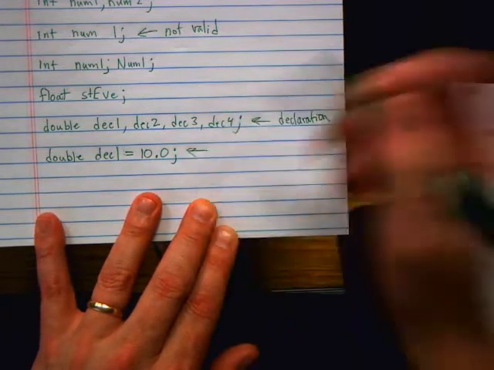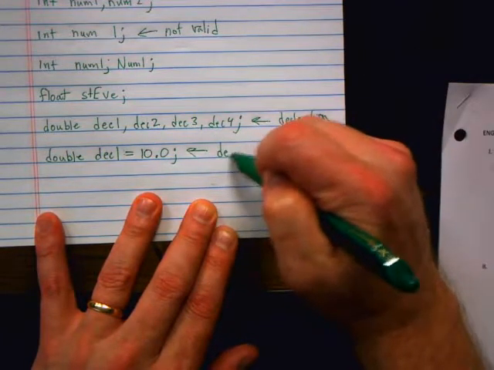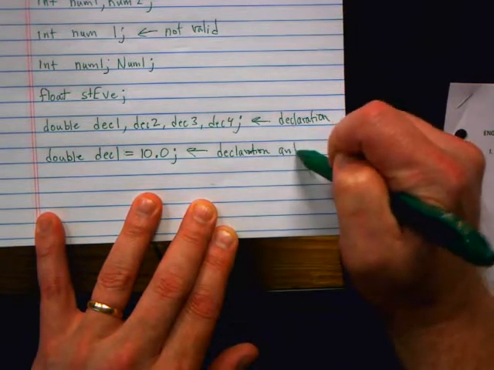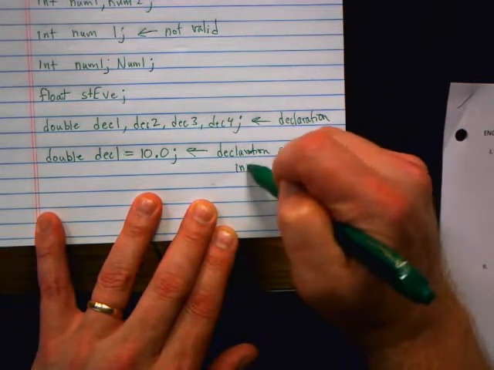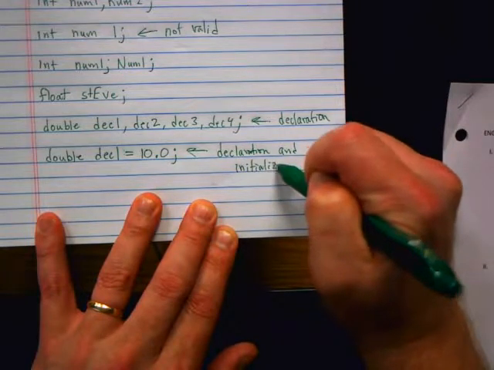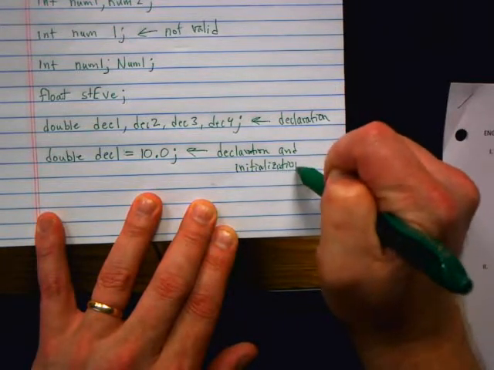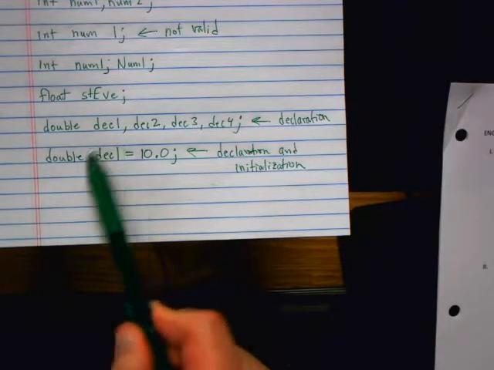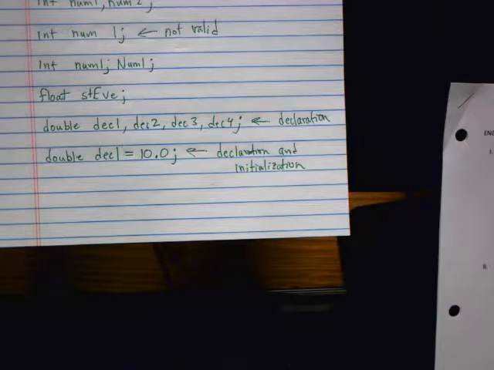A line like this is called declaration and initialization. I don't know if I can spell that. Close enough. Initialization. So again, what this would do is this would create a variable called decimal and stick a number into it.